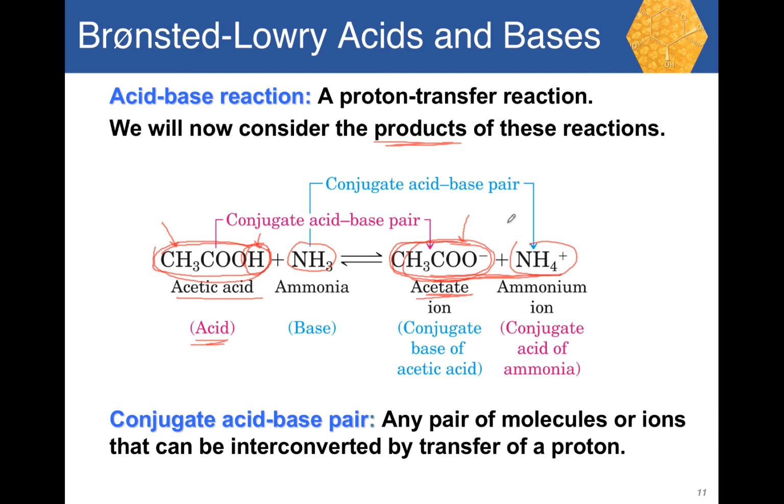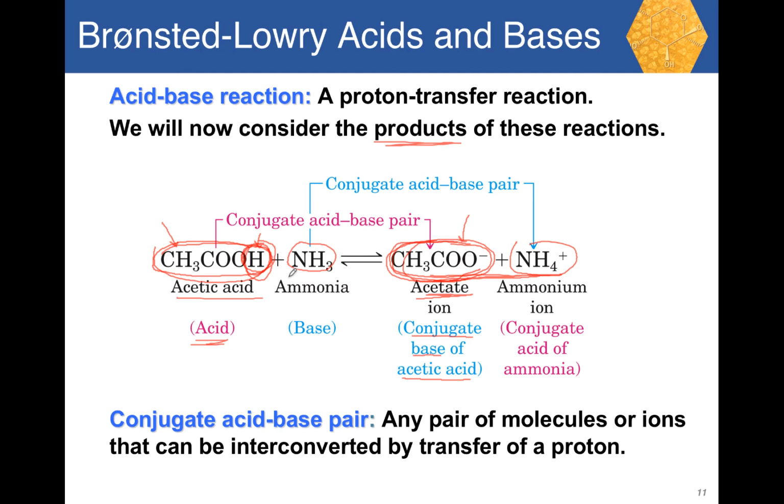So this species over here is called the conjugate base of acetic acid. So the conjugate base of acetic acid is the base that results after the loss of a proton. Let's look at the other reactant, ammonia.